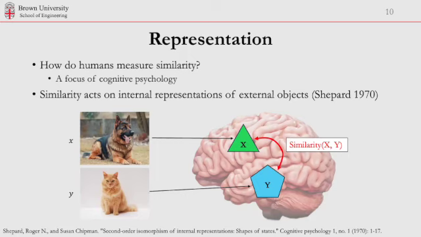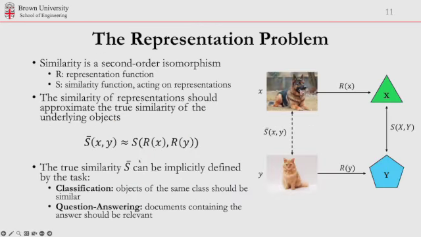And so this idea is based on the fact that objects are infinitely complex. And so maybe the representations are just some concise version of the object that contain the necessary information to measure similarity. And so in this case, there are two functions we need to define to measure similarity between objects.